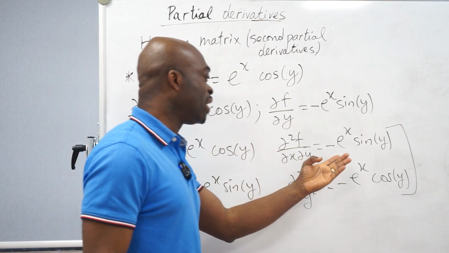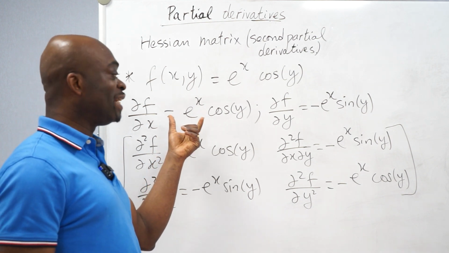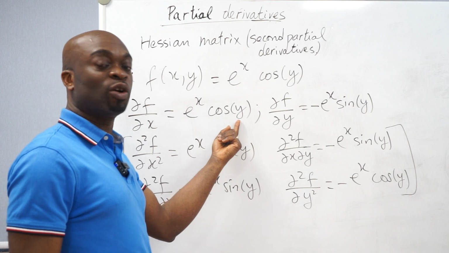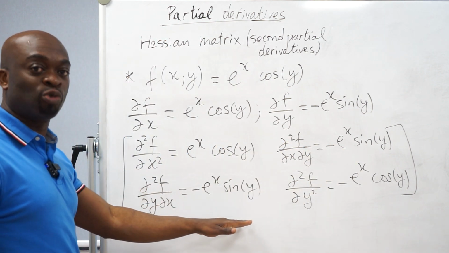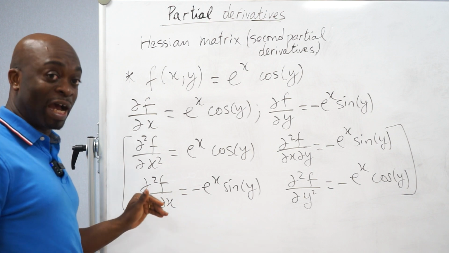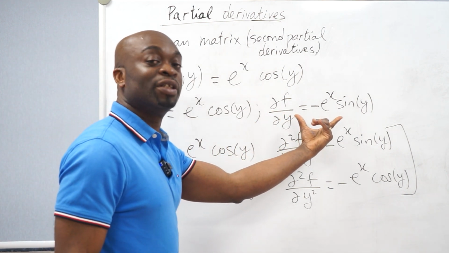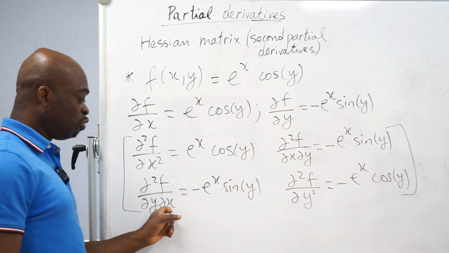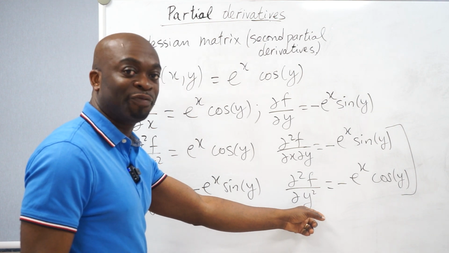And then once you get here, you still have the first partial derivative with respect to x. Now you're doing it with respect to y, and then you go with the cosine y, and that's what you get. And now, once you get to the y row, you're doing it with respect to the first partial derivative right here. So that's what you do with respect to x first, and then with respect to y after.